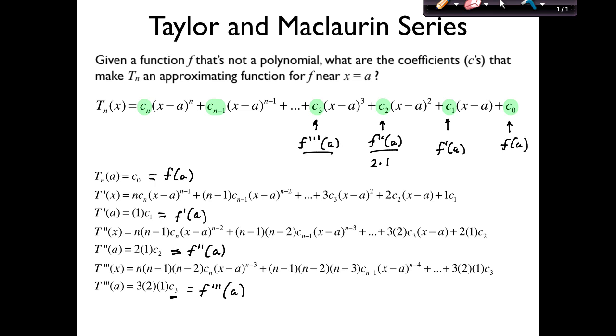And what is that? 3 times 2 times 1. Yeah, that's 3 factorial. And this was 2 factorial. And this can be thought of as 0 factorial, which is 1. That's one way to think of it.